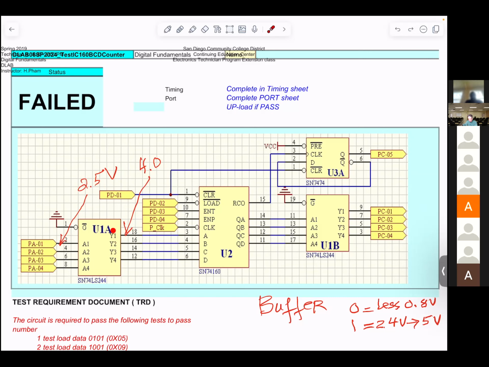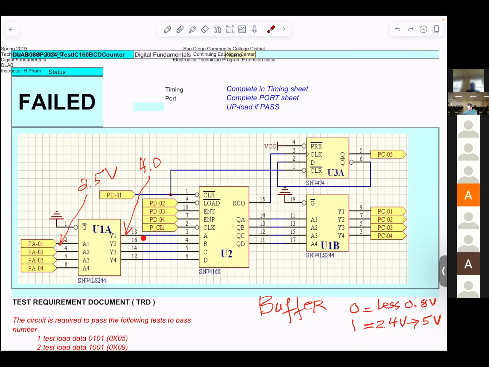If it is still not logic 1, then you change the IC. However, if you remove this wire from pin 18 and you measure and get a logic 1, that tells me this wire must go somewhere wrong. So you need to fix the problem, or the input of U2.